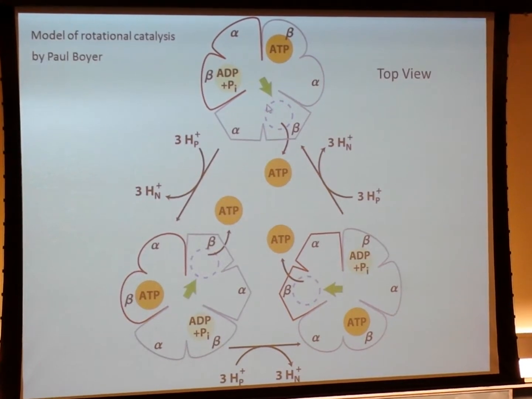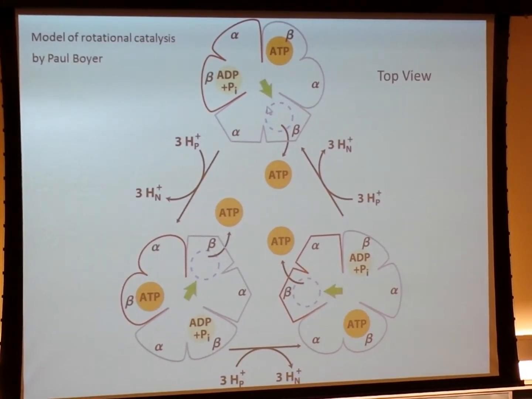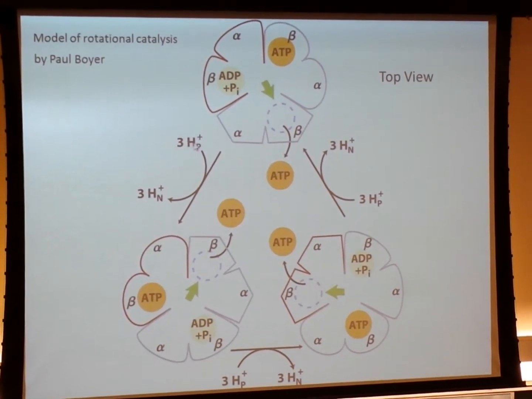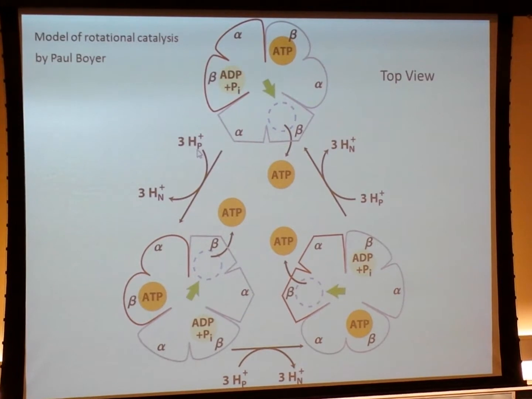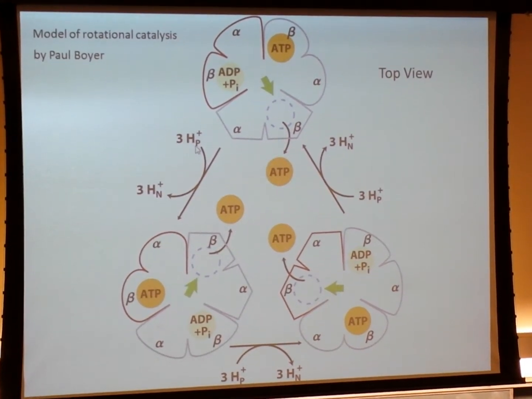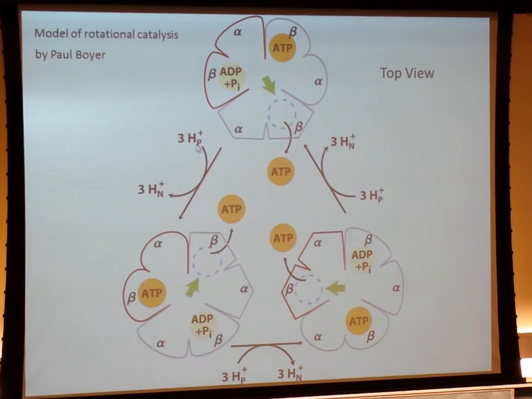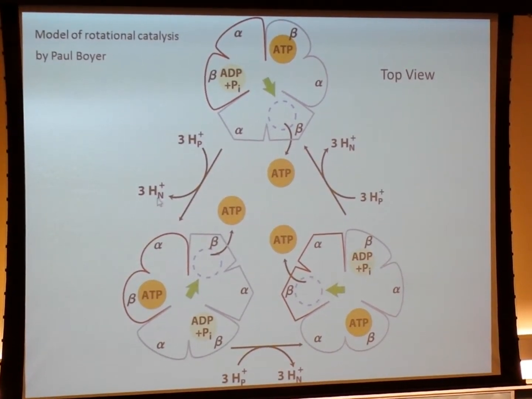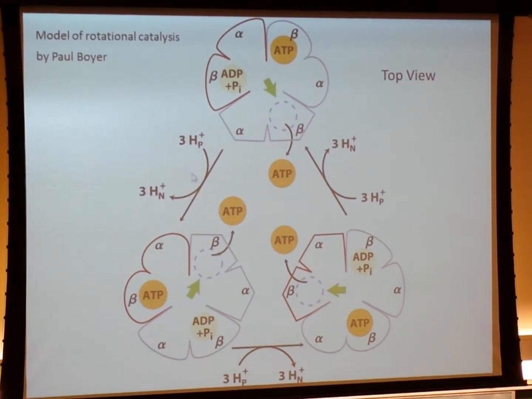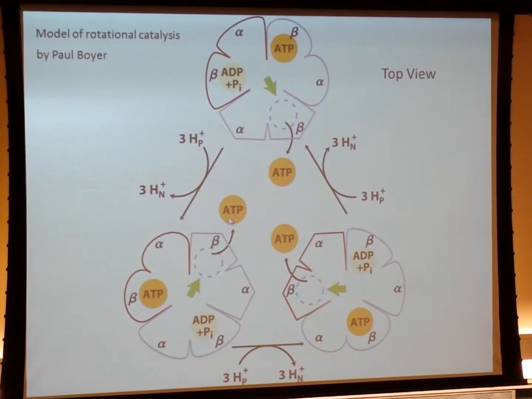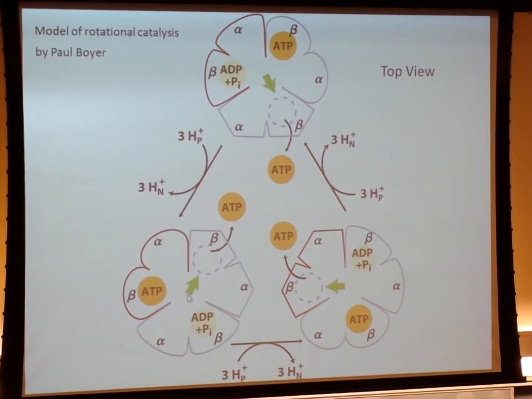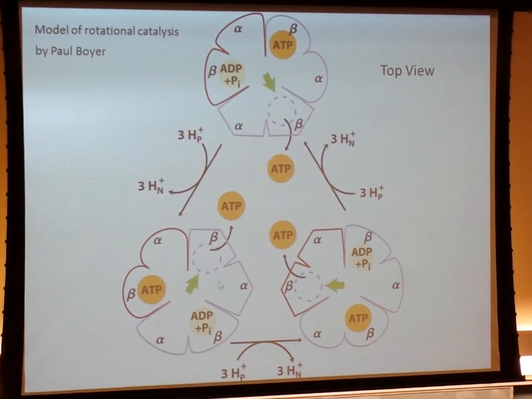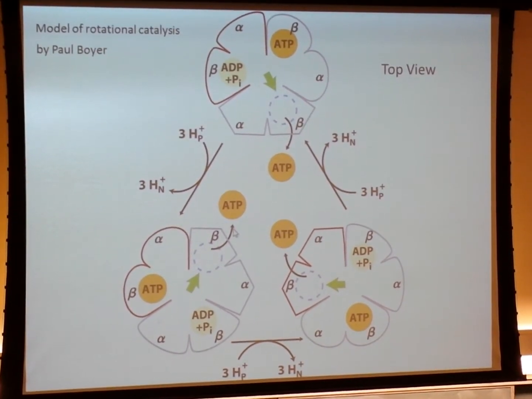That ATP is not leaving unless somebody gives it a kick in the pants. 3 protons, H+, remember subscript P means it's starting from the positive side of the membrane because there's all those protons. 3 protons in the yeast model are going through to the negative side, and that's creating the energy for this arrow here to now move. That is, this crooked thing is moving to the next dimer and kicking that ATP off. You follow me?